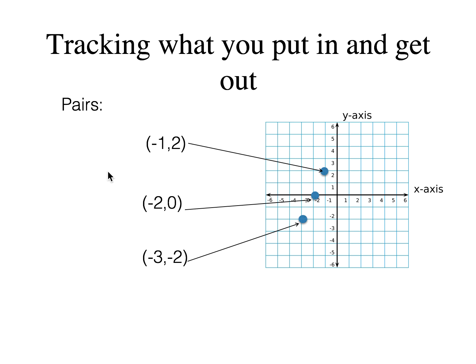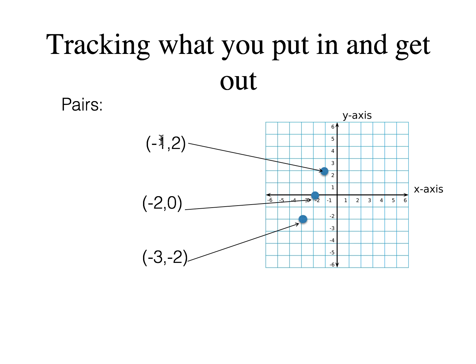Another way that we can keep track of what we put into our function machine and what we got out is with ordered pairs. Each ordered pair is simply one entry in a table. So this first ordered pair, -1, 2, says that when I put a -1 into this function, I got a +2 out.